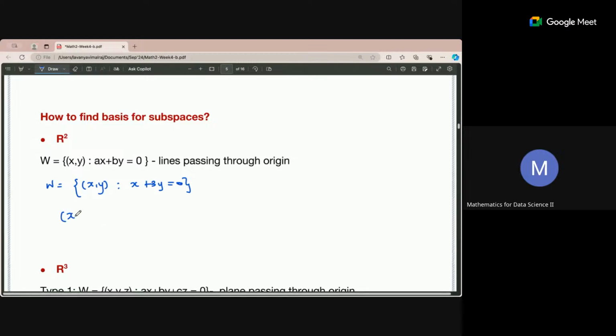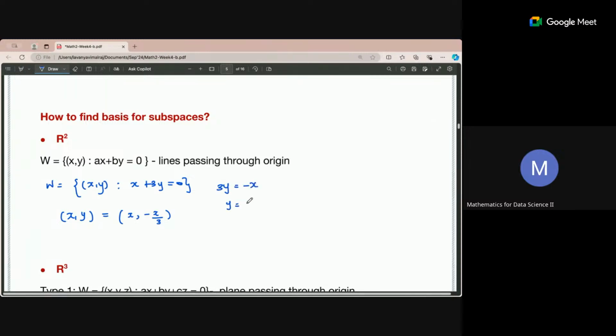So (x, y). Now how can I rewrite y using the given equation? Minus x by 3. So x is equal to minus 3y. Oh sorry, I wrote it the other way around, right? 3y is equal to minus x.